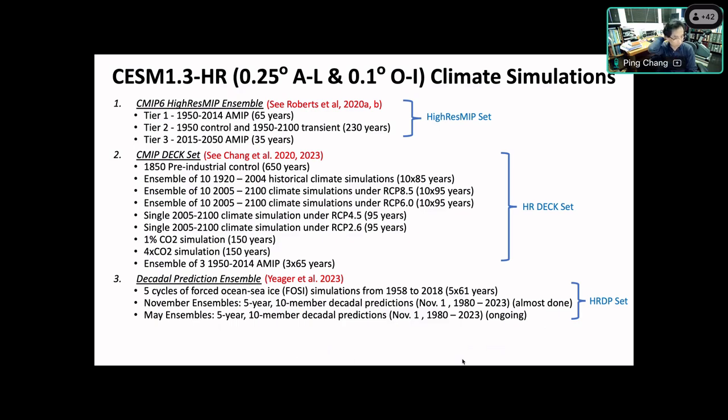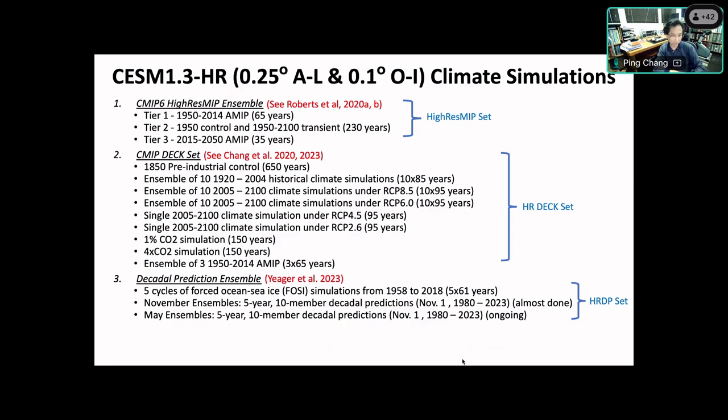One is that we initialized the models using the forced ocean sea ice simulation to run the high resolution ocean component of the model from 1958 to 2018, 5 cycles. And we used the last cycle to initialize our decadal prediction.